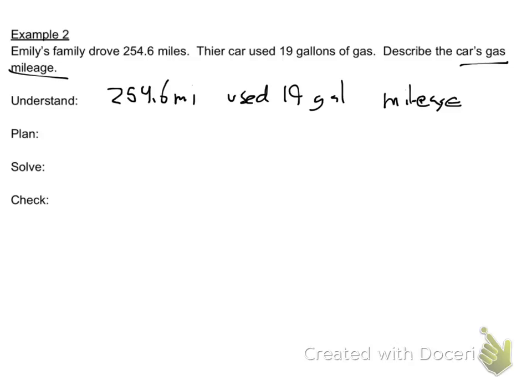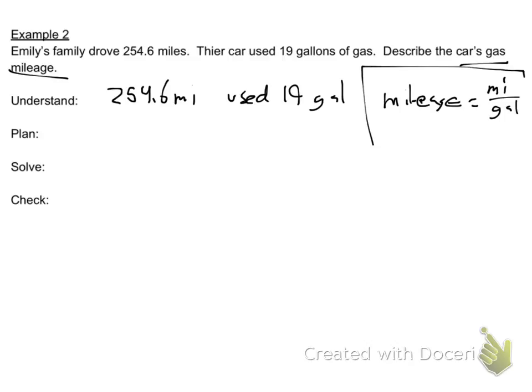Mileage is miles per gallon. Usually someone will ask you, hey, how far does your car go on a gallon of gas? They're actually talking about your gas mileage, fuel consumption.